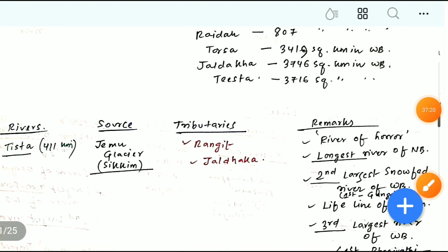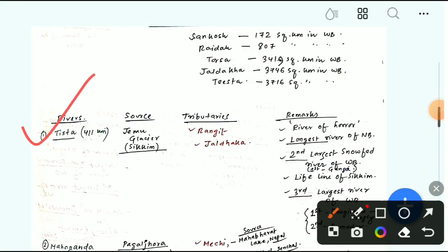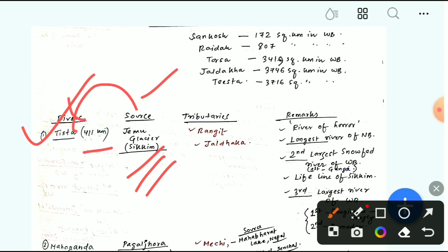First river is Tista. It is around 411 kilometers, and the source is Jammu Glacier, that is in Sikkim. So from Sikkim the Tista river comes, and its tributaries are Ranjit and Jaldhaka.